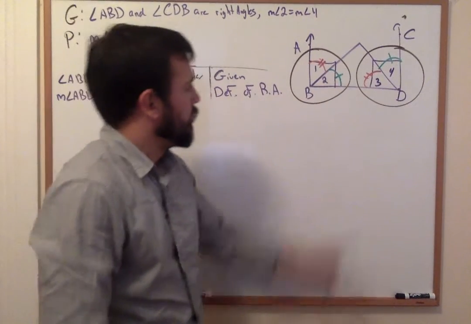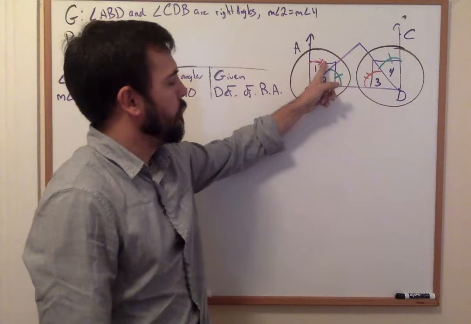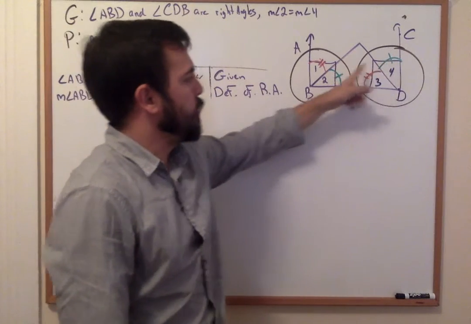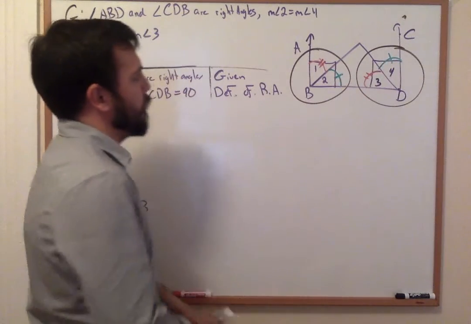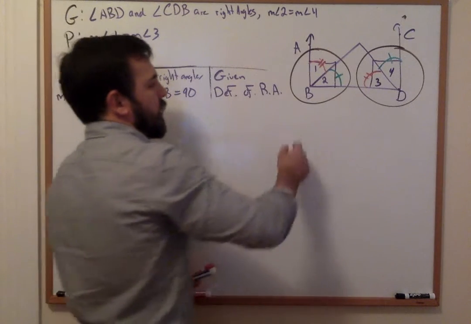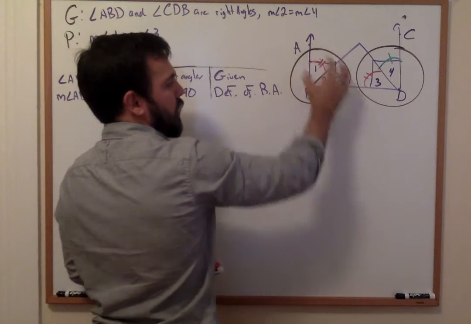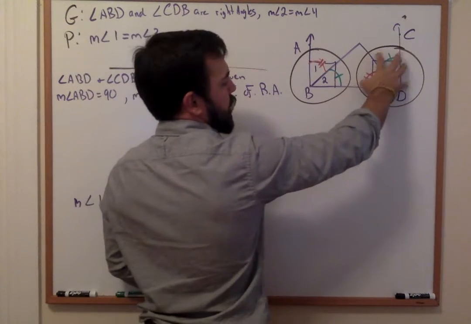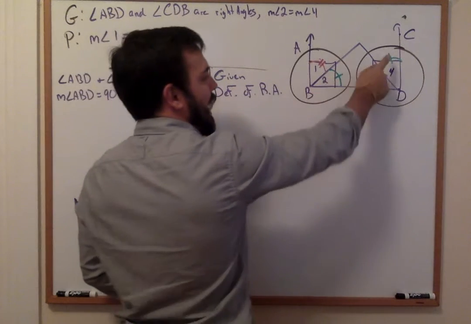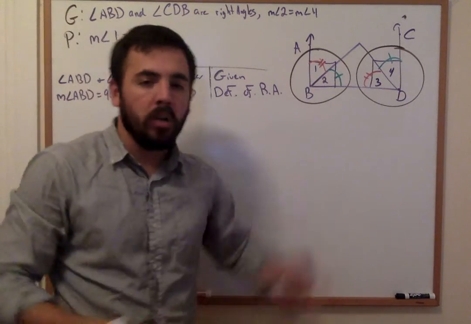Well, if we're trying to show that these two parts are the same, and we can show that these two parts are the same, that's given, 2 and 4 is given to be equal, well then, if we can somehow set the equation of this one equal to the equation of this one, and then just remove angles 2 and 4, then we would be left with 1 and 3.